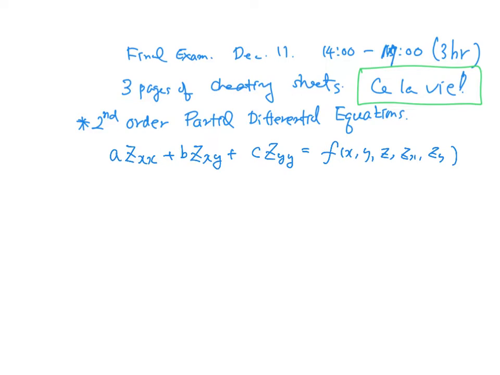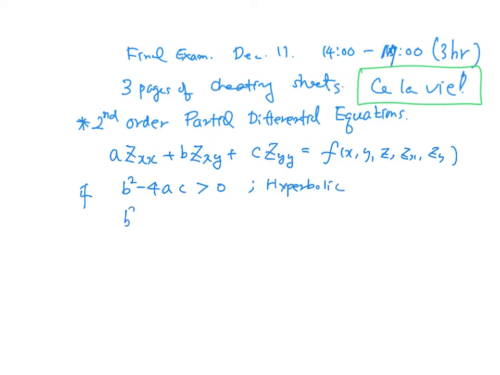A typical second order partial differential equation is of this form. And this can be classified into 3 different cases. If b squared minus 4ac is greater than 0, it's called hyperbolic type.